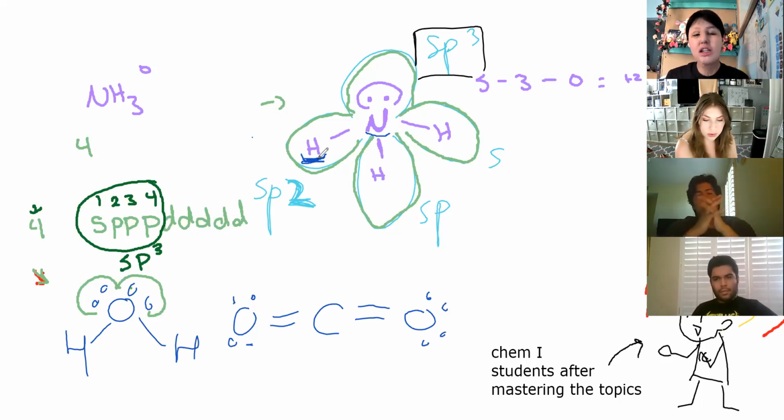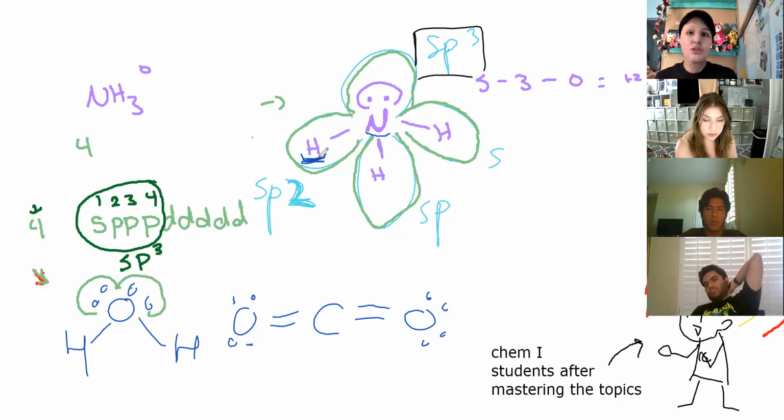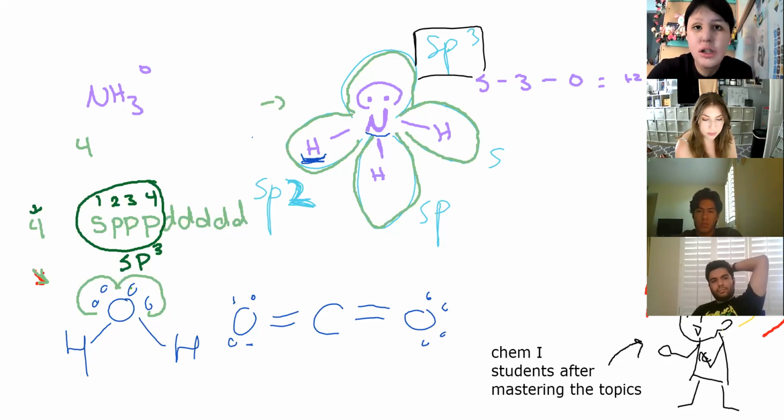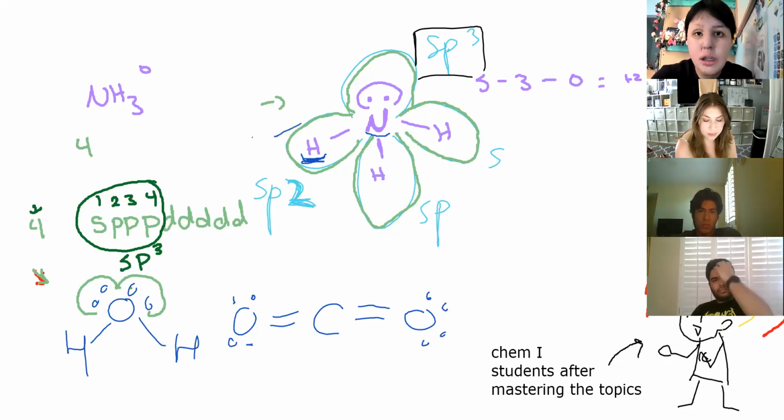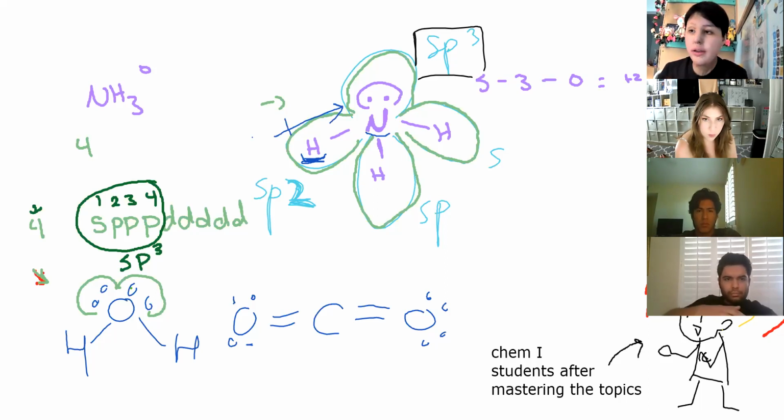Which one's going to be the more electronegative element, nitrogen or hydrogen? Nitrogen, right? It's the more electronegative, it's going to pull the electrons closer to itself. And that difference in electronegativity is going to cause a dipole moment or a polar bond. This is a polar bond because it creates a dipole moment.